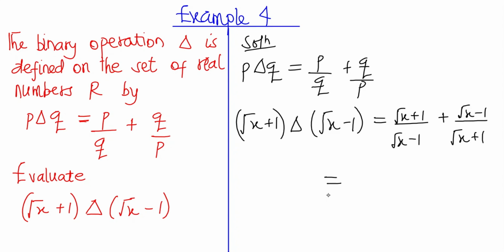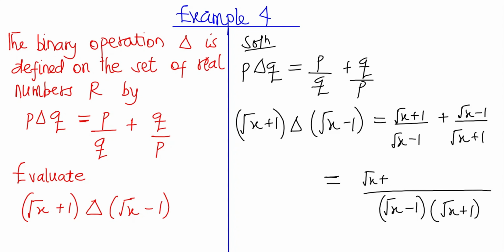We can simplify by taking into consideration the LCM of this fraction. You can see that the LCM here is square root of x minus 1 times square root of x plus 1. So now the square root of x minus 1 goes into square root of x minus 1, and we are left with square root of x plus 1.